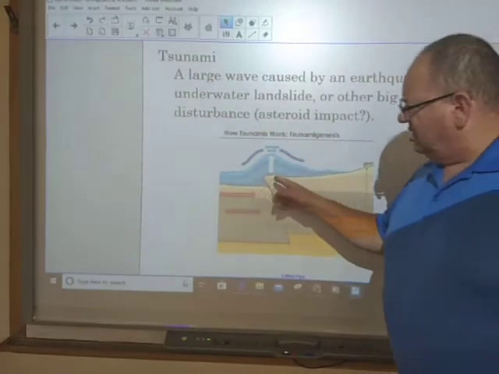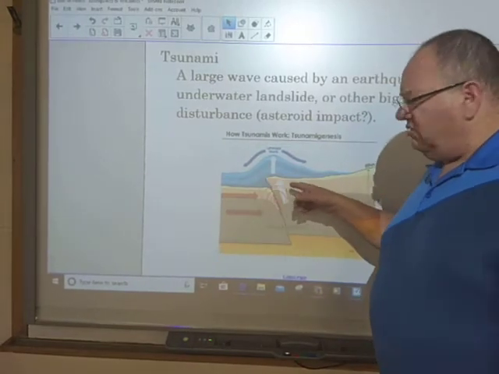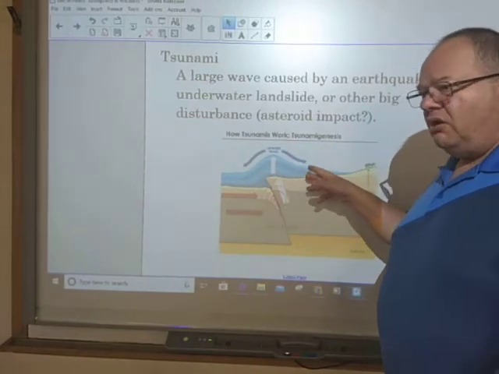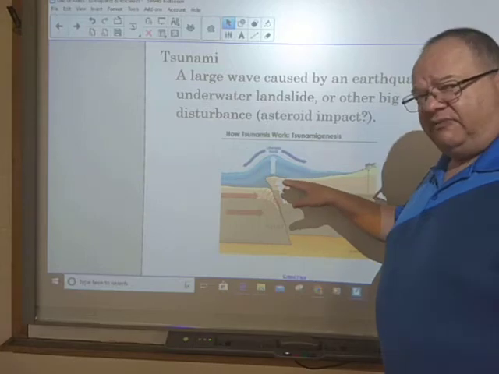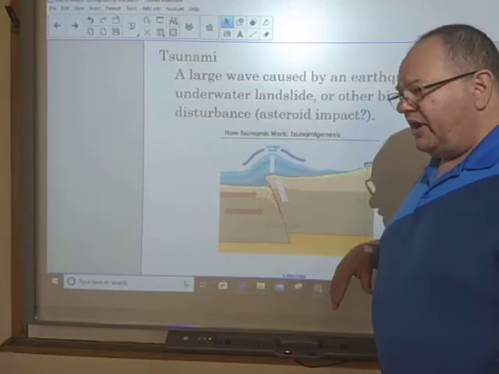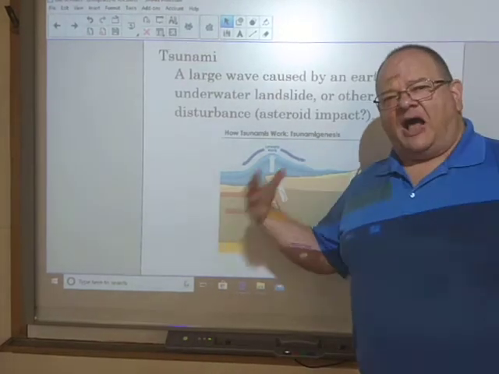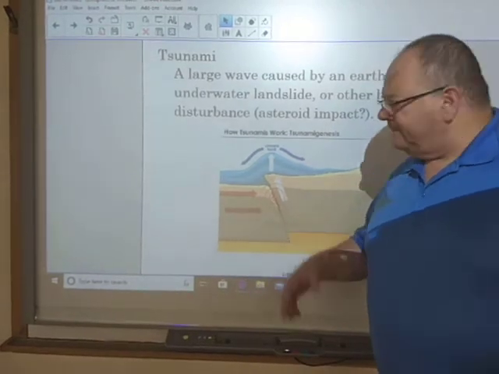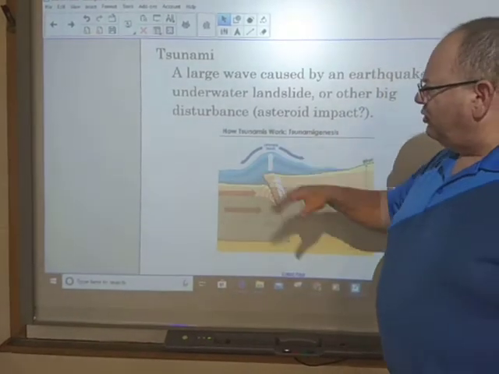Now let's imagine that I've got several square kilometers of seafloor that's all moved in this earthquake. Think about the volume of water that's moving. It's huge. So it pushes up on us.